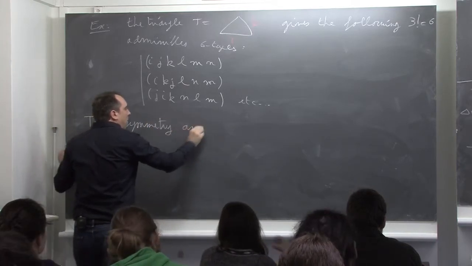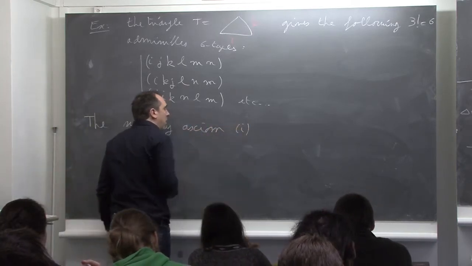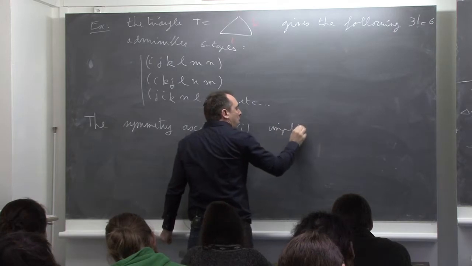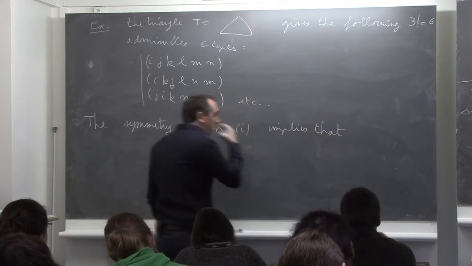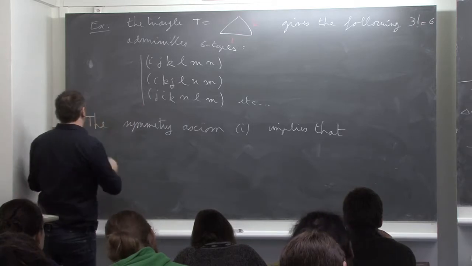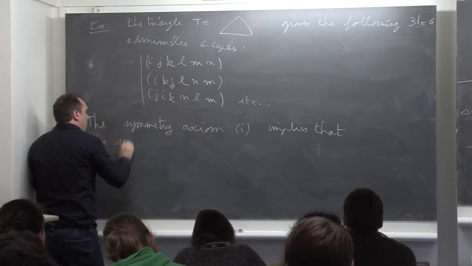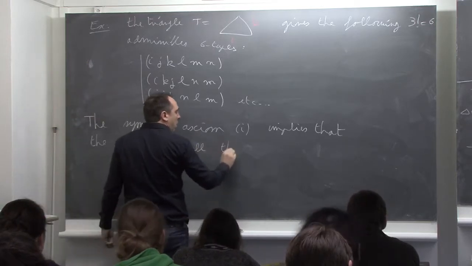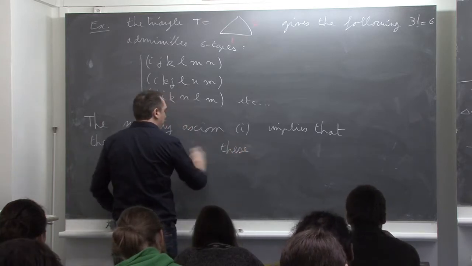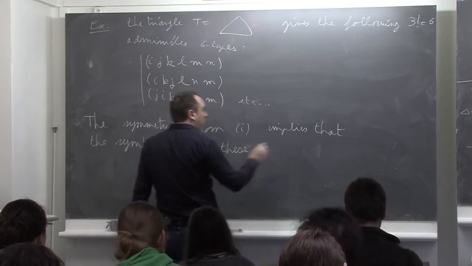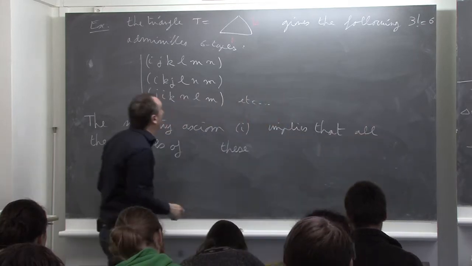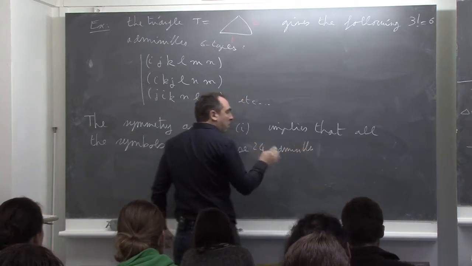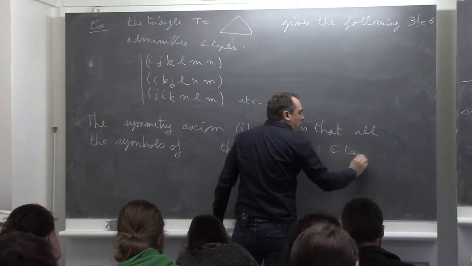So the symmetry axiom 1 implies that all the symbols of these admissible tuples are equal.